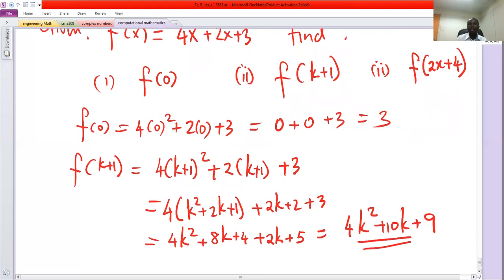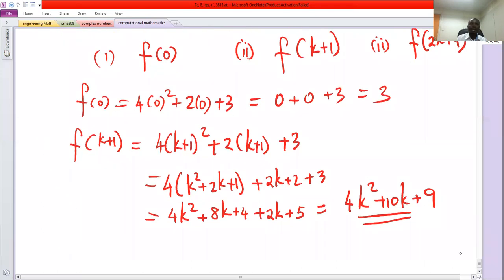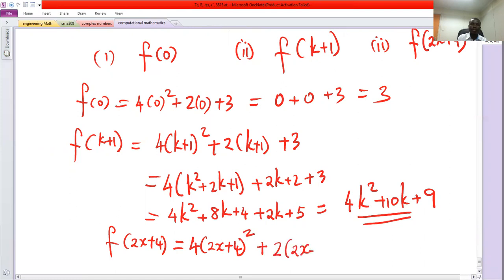And f of 2x plus 4 means where there's x, we put 2x plus 4. So we'll have 4 into 2x plus 4 squared plus 2 into 2x plus 4, and then plus 3.